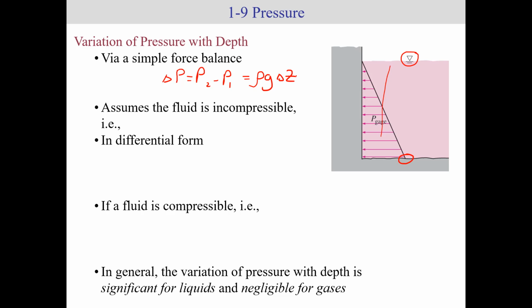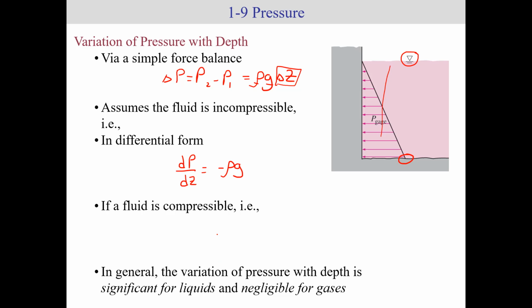So if you were to take the average density of the air in the atmosphere times gravity and multiply it by that height, that should equal 1 atmosphere. In differential form, right, we get that the change in pressure over height is equal to negative rho g.